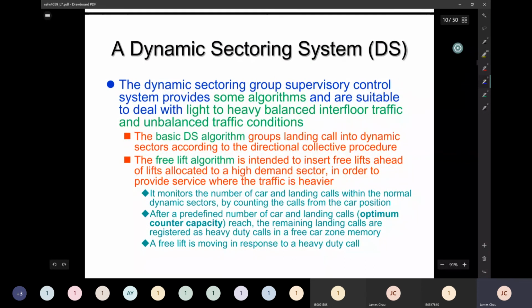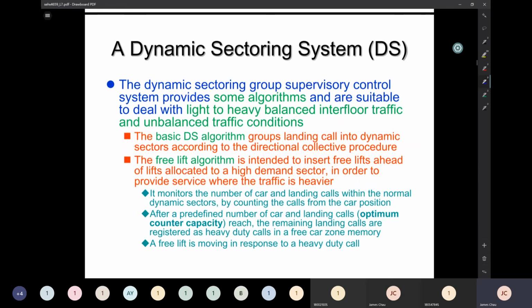Now, here we move to another setting system. It is the so-called dynamic setting system. Now, instead of assigning a fixed floor to the setter, we dynamically allocate the floors to the setter.